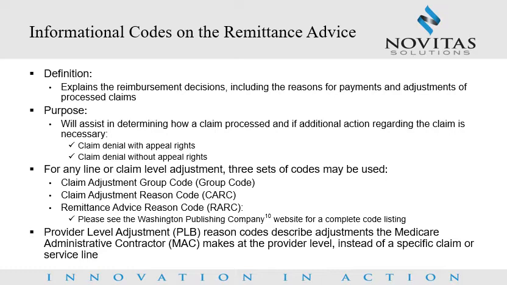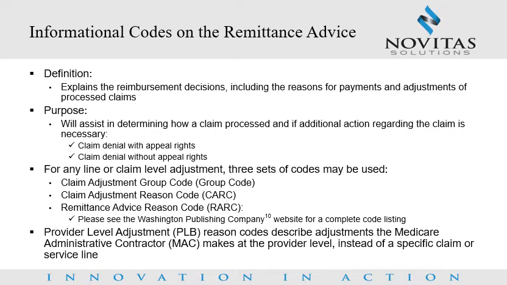There are 3 sets of codes that may be used for any line or claim level adjustment: Claim Adjustment Group Codes, also known as Group Codes; Claim Adjustment Reason Codes, or CARCs; and Remittance Advice Remark Codes, also known as RARCs. In addition to these line or claim level code sets, the remittance advice also reports Provider Level Adjustment Reason Codes.